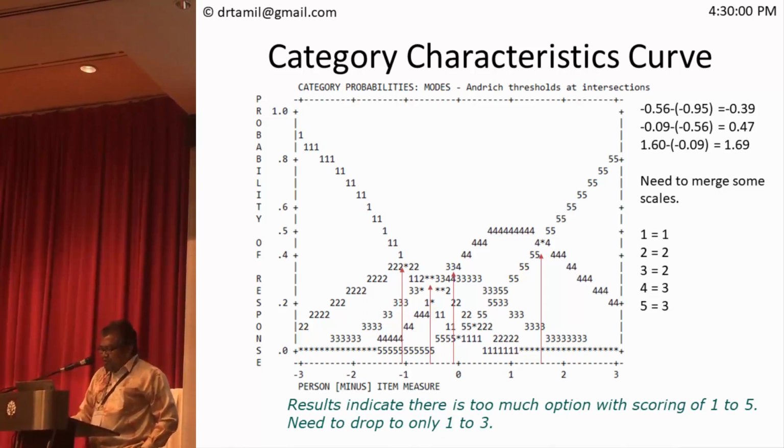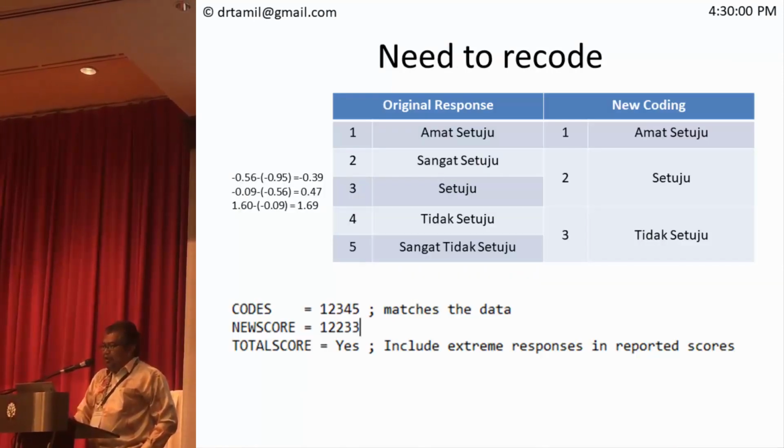So therefore, you need to merge some scales. I tried to merge 2 and 3 together, 4 and 5 separate. It didn't work. What works was only 1 standing alone as itself, 2 and 3 combined together, 4 and 5 combined together.